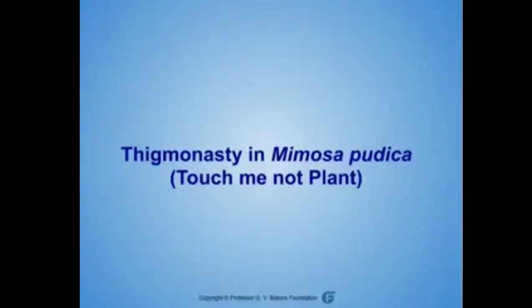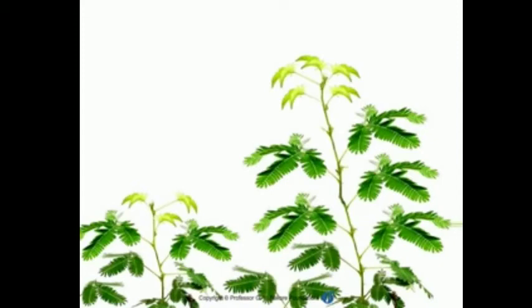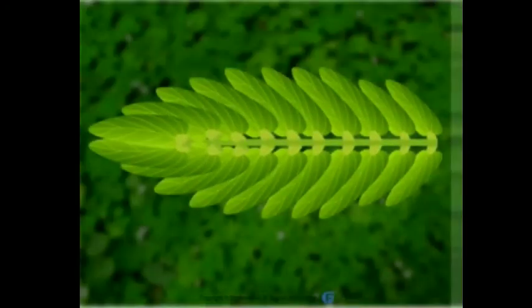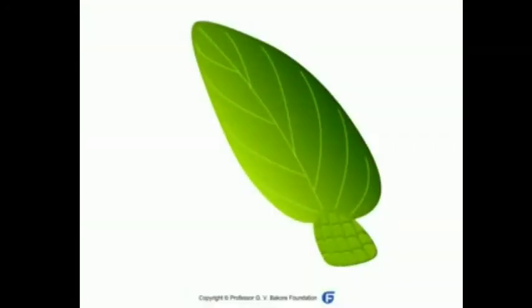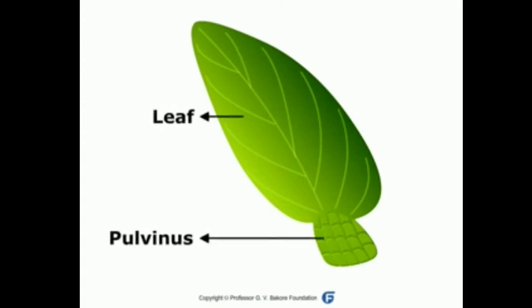Right. So here the touch-me-not plant is very sensitive to touch. The leaves are compound with 4 pinnae, and each pinna bears numerous pinnules. The pulvini are present at the base of the petiole.